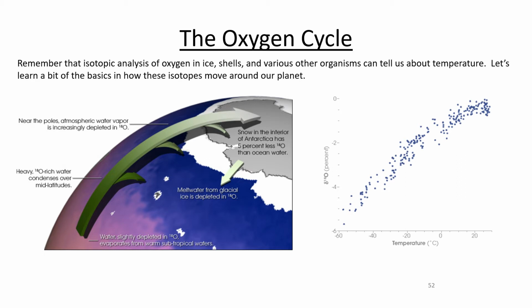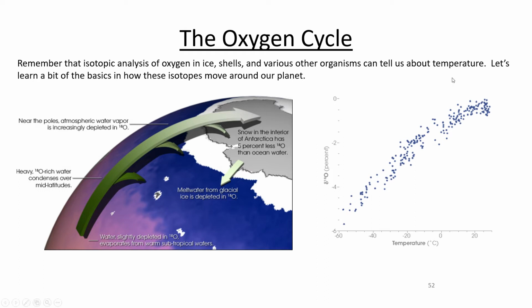Now, the next most common isotope is oxygen-18. So it has two more neutrons in it than the oxygen-16, and that makes it just a little bit heavier, gives it a little bit more mass. And as it turns out, that gives it slightly different properties when it comes to evaporation and condensation.